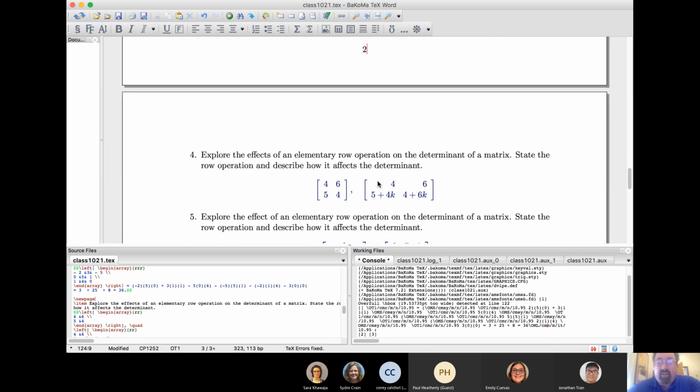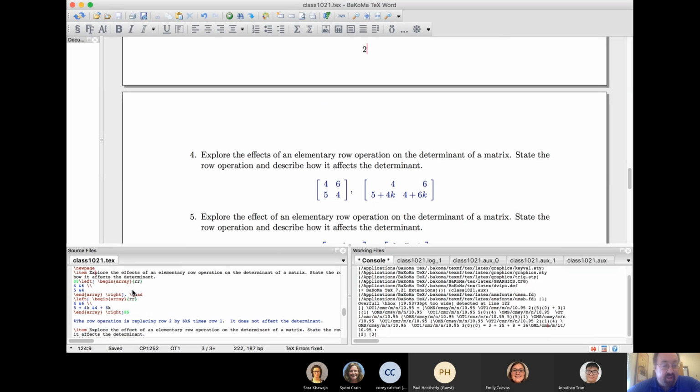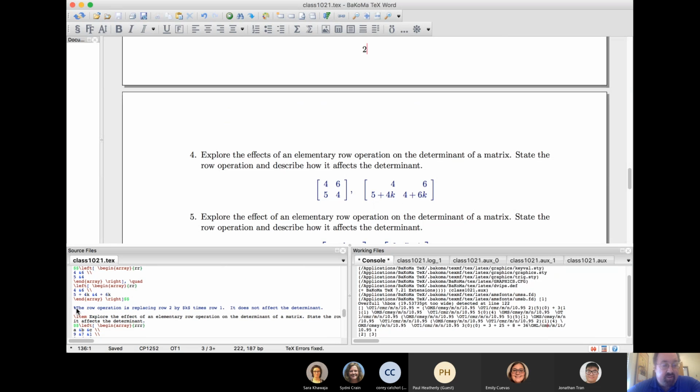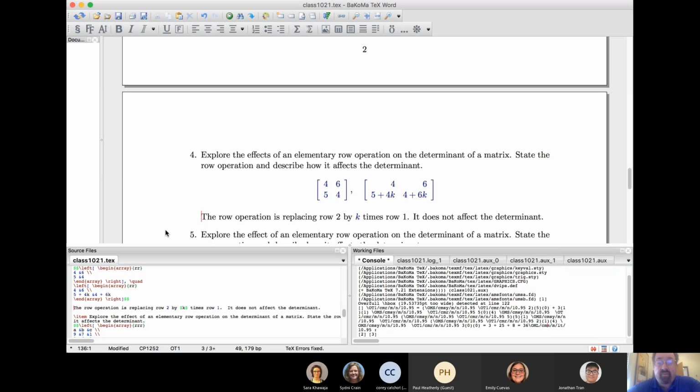So the nice thing is this operation of adding a multiple of one row to another. So in this case, what's happening here is I'm taking this row, the first row, 4, 6, multiplying it by k for whatever k is, and then adding it to the second row. And what we know is it doesn't change the determinant at all.